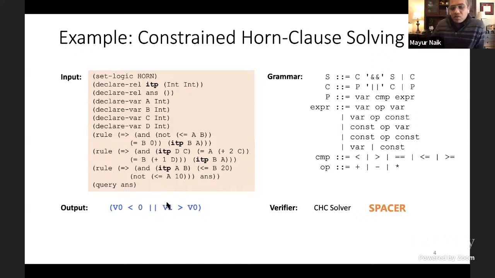And here's an example output which a CHC solver like Spacer would accept as a candidate for the predicate ITP that you see here. So ITP is a binary relation over integers. And the goal is to synthesize a program that conforms to this grammar. And furthermore, that a CHC solver can conclude makes this formula valid. Okay.